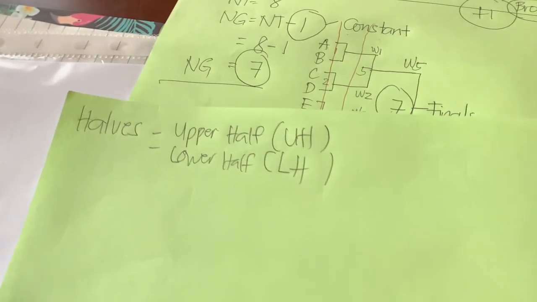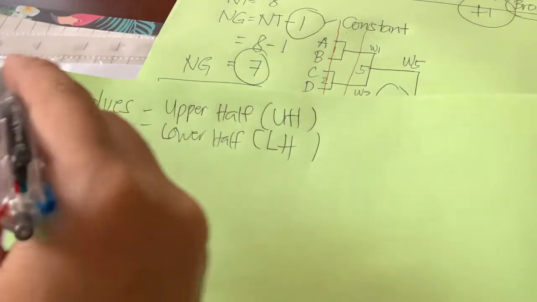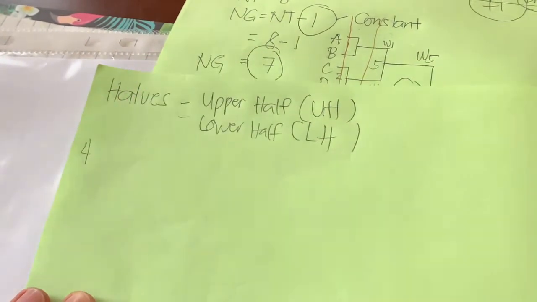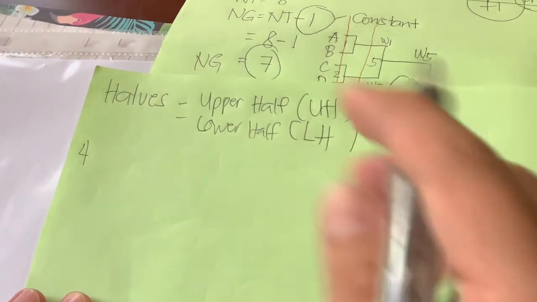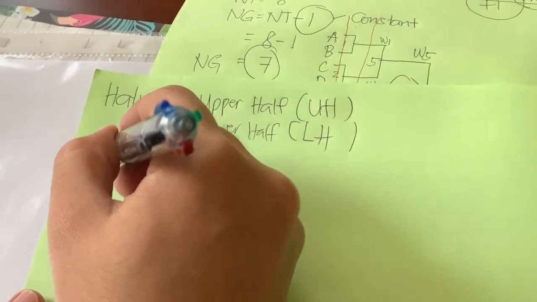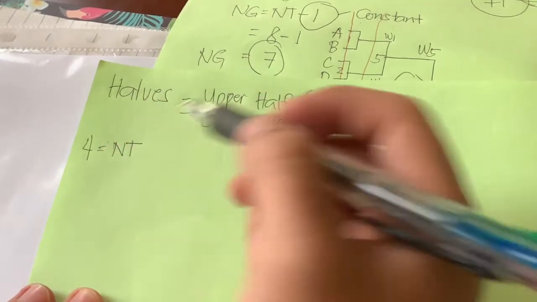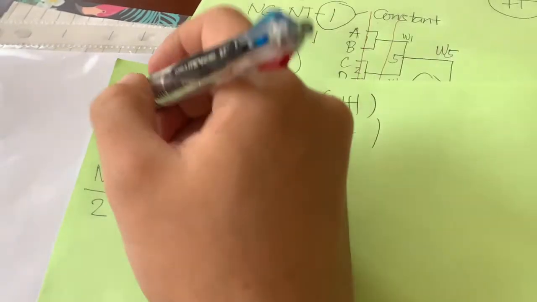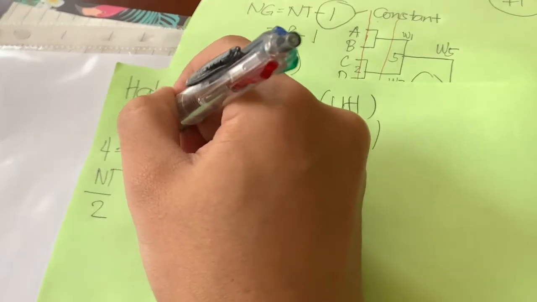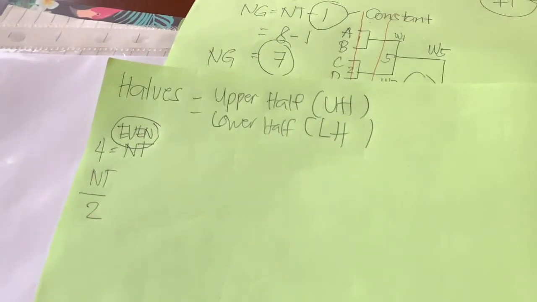If, for example, following this half, we have an even number of teams, say we have 4 teams, the formula of getting the upper half and the lower half would be the number of teams over 2. Again, if it is an even number of teams. What is an even number of teams? Say 2, 4, 8, 16. Right?